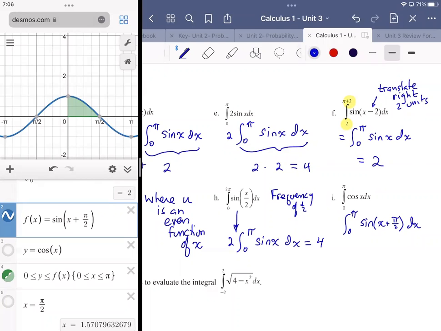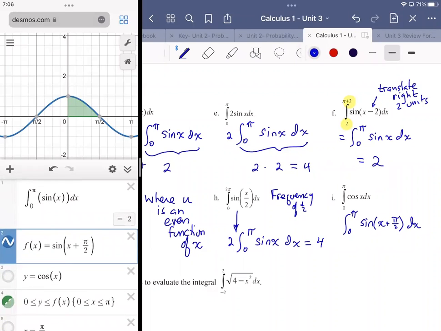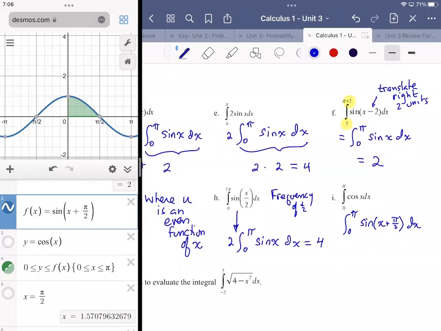But I need cosine over the interval of 0 to pi. When I shift everything over, my shading is also shifted by pi over 2 units, so I'd have to account for that, but that's neither here nor there.